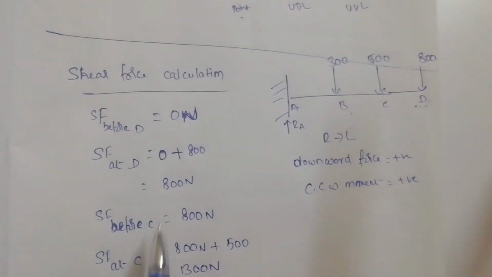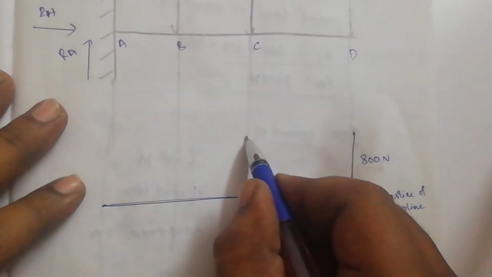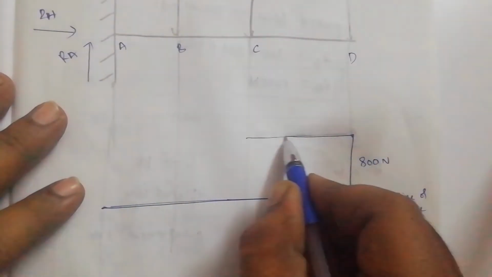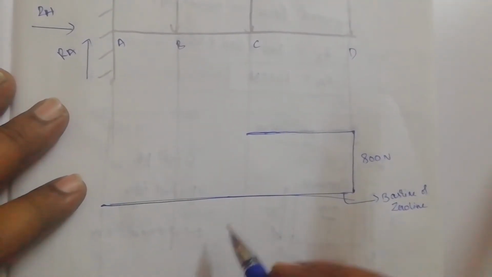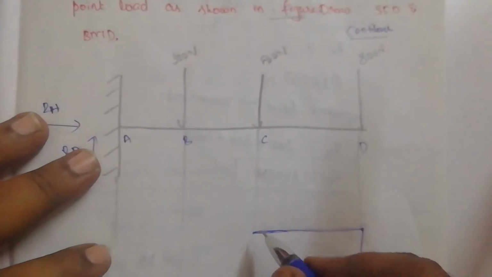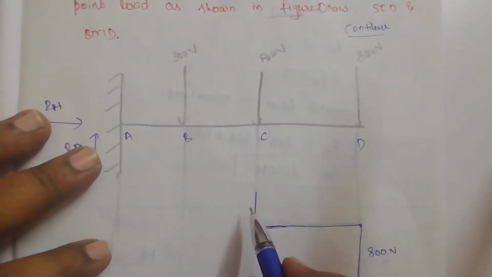After that, the value stays the same till before C, so from here to here I keep the value the same. At point C you get another load, a 500 point load. Since this is a downward load, we consider it positive.